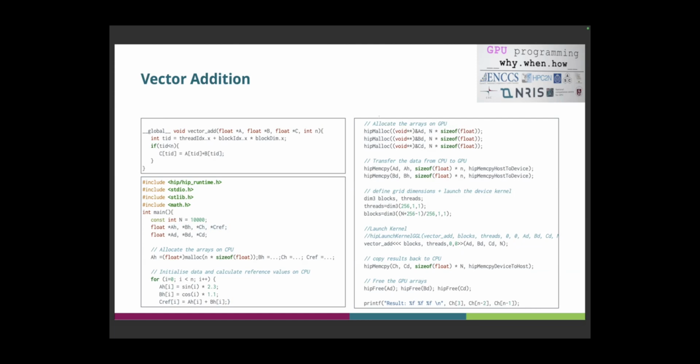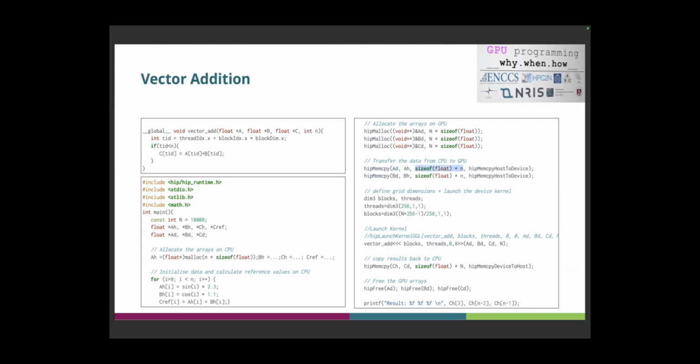So after we allocated the memory by using hipMalloc, we also have two calls to hipMemcpy, which copy the data from the CPU memory, designated by this pointer AH, to AD, which is on the GPU.